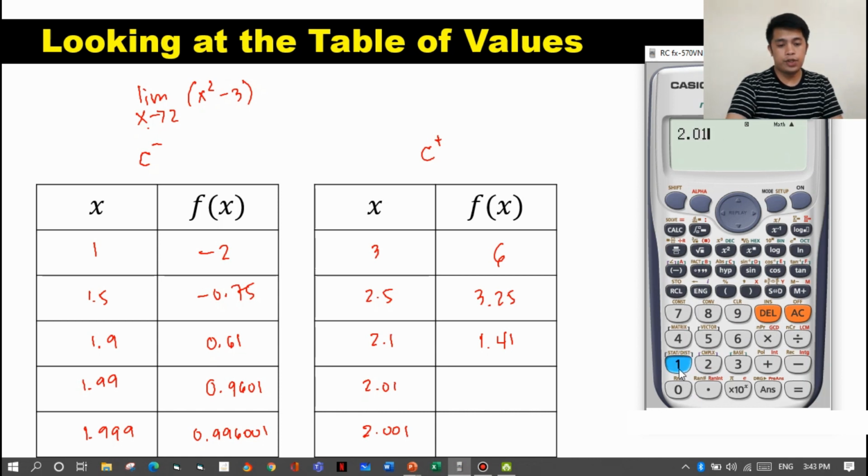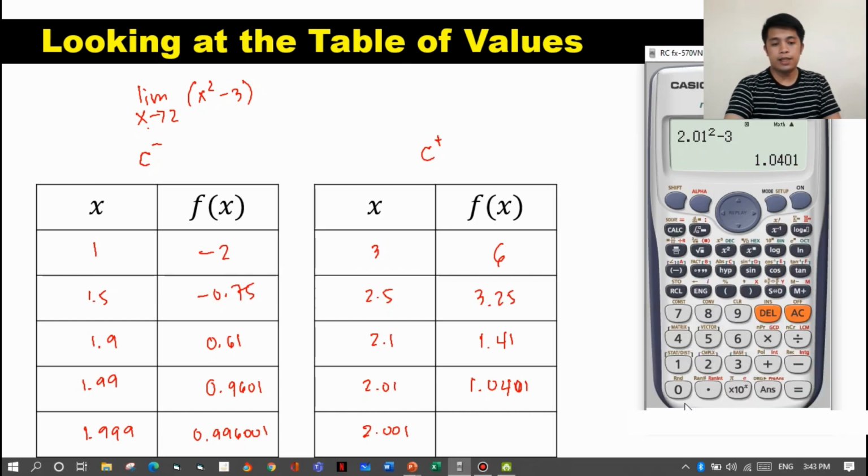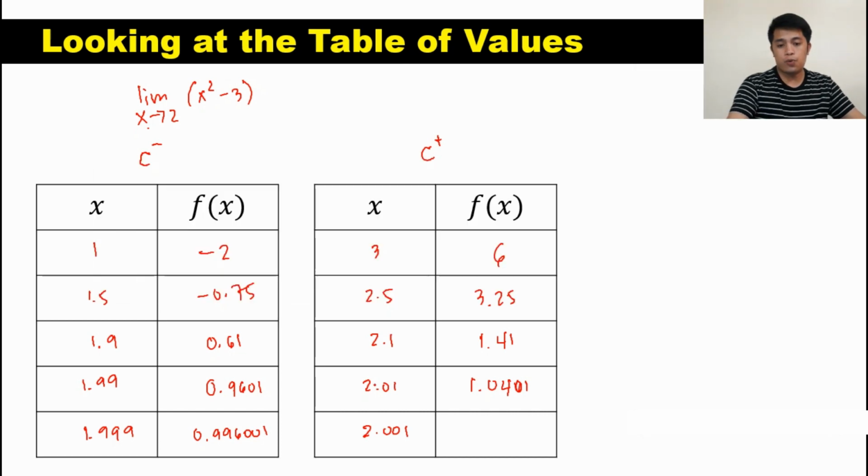So, let's have 2.01 squared minus 3. We have 1.0401. Last is 2.001 squared minus 3 is 1.004001.